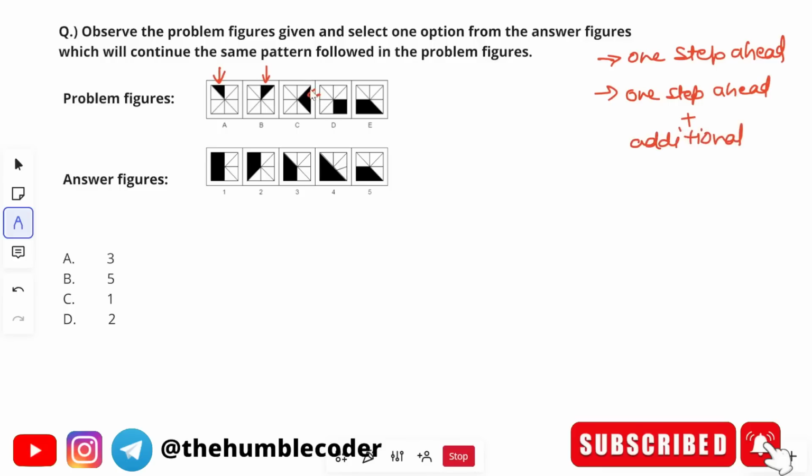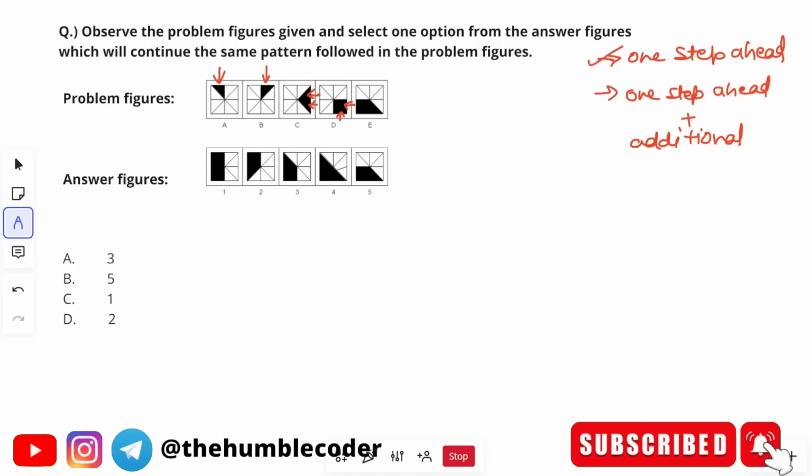Let's see in the third time what is happening. So in the third time it is moving one step ahead, okay, as expected here. In the next step it is just moving ahead only, like it is moving one by one position, and there is no additional extra added here, right? Because if you see, there were 2 triangles here, and then they have just moved one step ahead, so no extra addition.